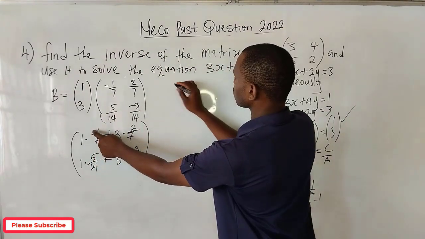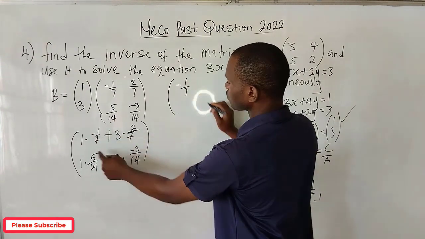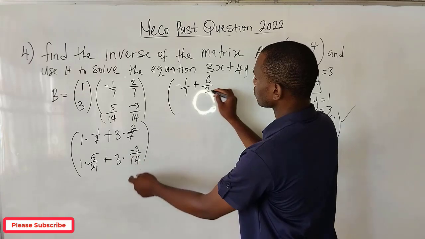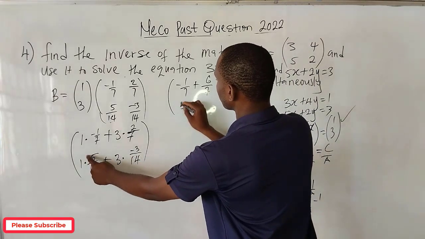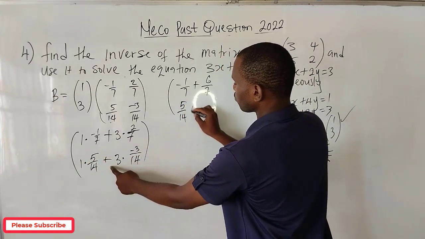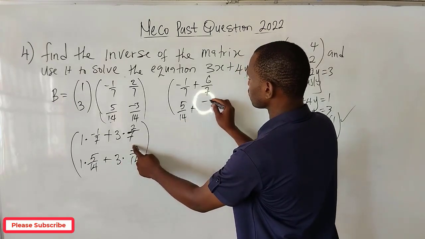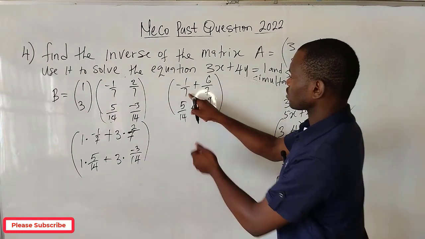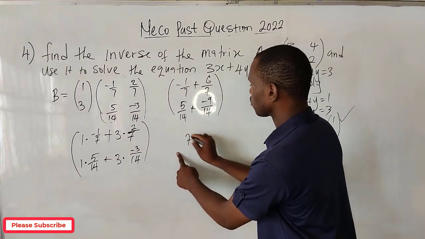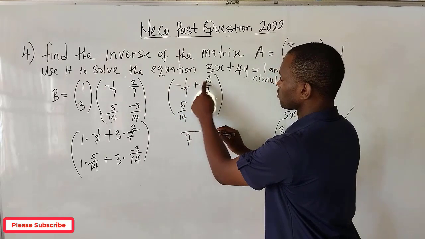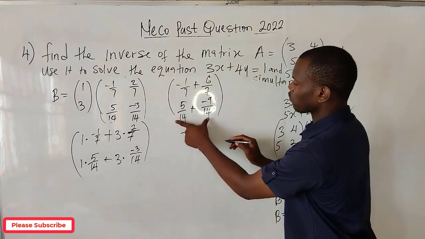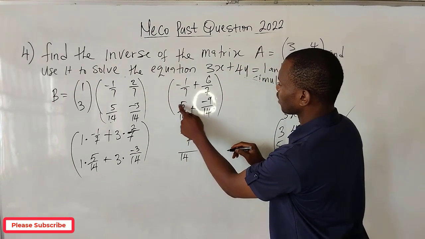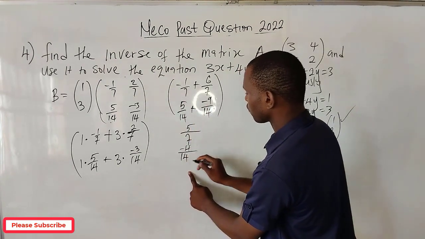1 times minus 1 will give me minus 1 over 7 plus 3 times 2 will give me 6 over 7. 1 times 5, I'll have 5 over 14 plus 3 times minus 3 is minus 9 over 14. Then let's add. 7 is the common denominator, so minus 1 plus 6 will give me 5. 14 is the common denominator, 5 minus 9 is minus 4.